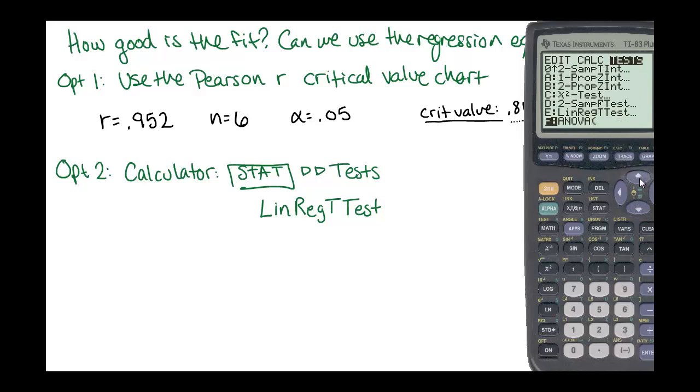There's one called LinRegTTest, our linear regression t-test. If I select this, it'll input the data from list 1 and list 2, which we've already inputted. The frequency and this claim should be fine as is, and then I'll just hit calculate.